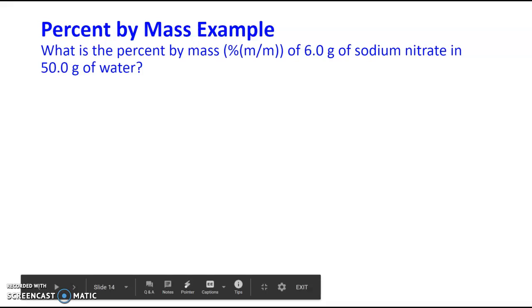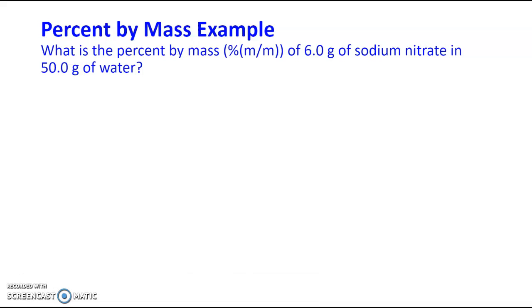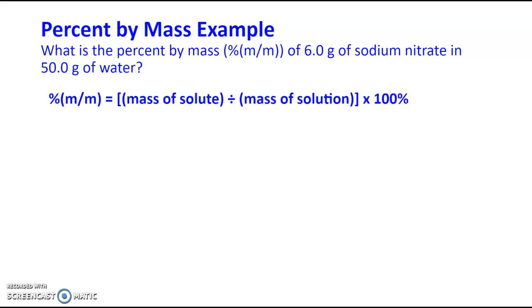A percent by mass example is: what is the percent by mass of 6 grams of sodium nitrate in 50 grams of water? So we recall our formula, mass of solute divided by mass of solution. It's really tempting to just use 6 grams of sodium nitrate divided by 50 grams of water, but that would be mass of solute divided by mass of solvent.